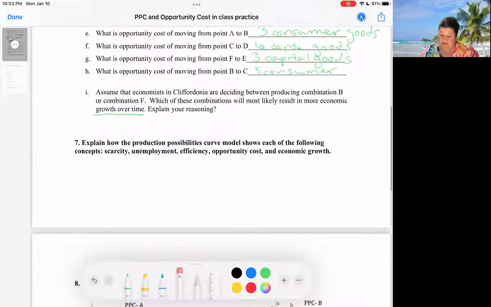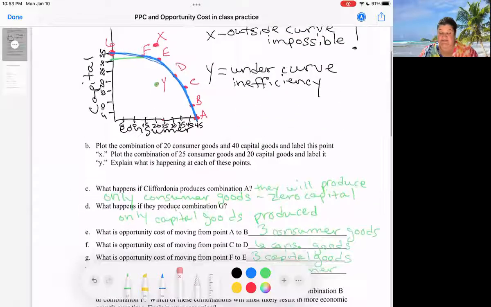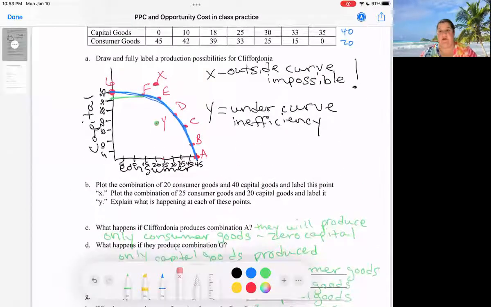And then opportunity cost. How can we show opportunity cost? Well, we just spent the last 5 minutes doing that. Every time we move from one point to the next, you have to give up something to gain those additional things that you just produced. So when I move from point G to point F, I have to give up some capital goods in order to gain some consumer goods. So that shows us opportunity cost.